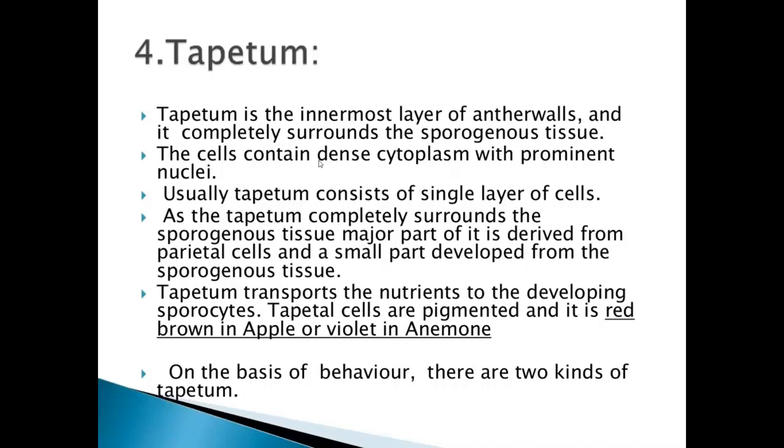The tapetal cells are pigmented, red to brown in apple or violet in anemone. So it is different from plant to plant. The main function of the tapetum is to give nutrients to the developing sporocytes.